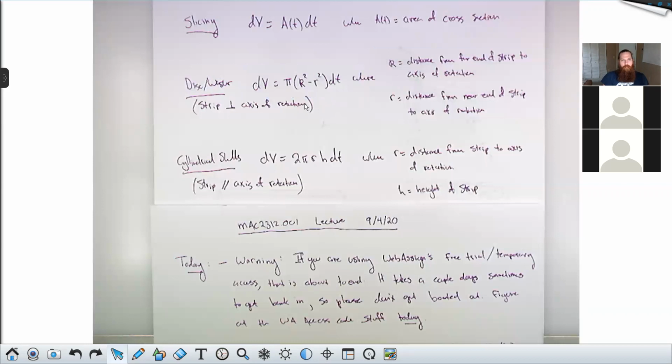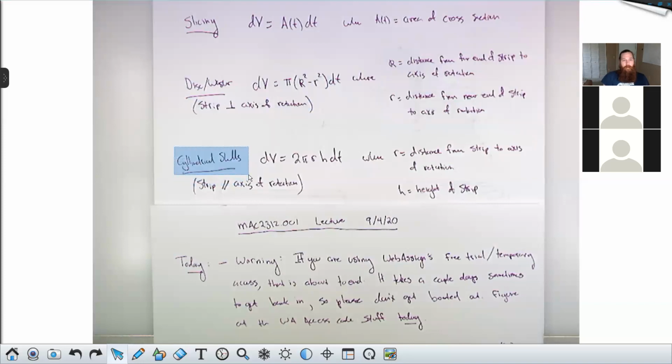So dV, the little differential volume, is pi times (R squared minus r squared), in parentheses, times either dx or dy, and again, it depends on your situation. But the big thing is disk washer, strip is perpendicular to the axis of rotation, and then make sure you've got these definitions of R and r well understood. So again, I would write this down if you don't have this in your notes somewhere.